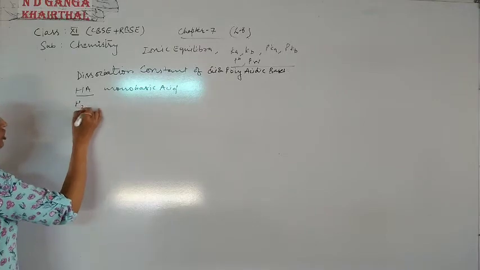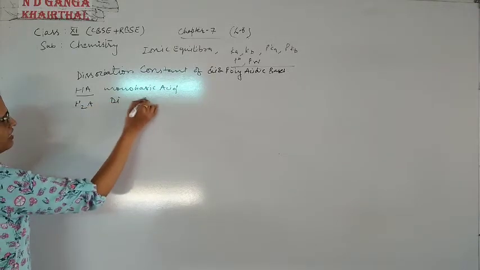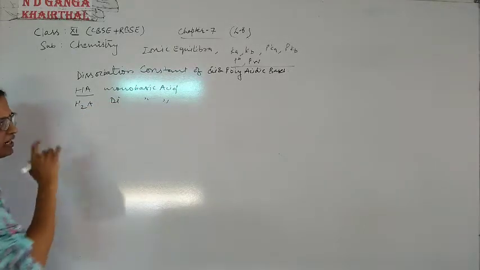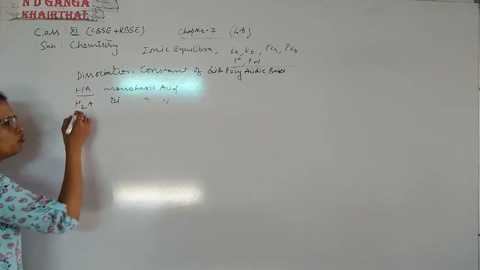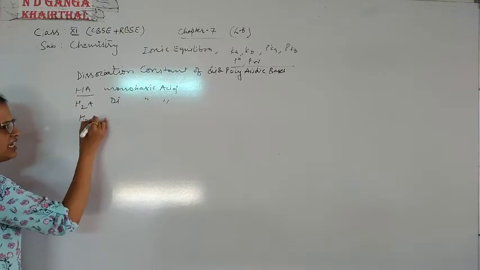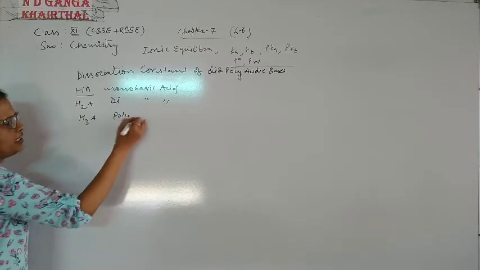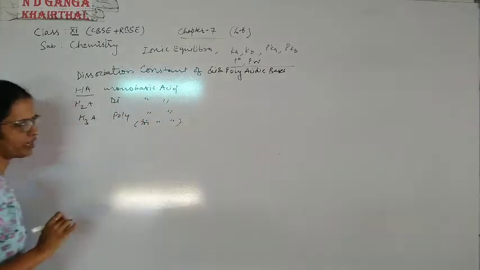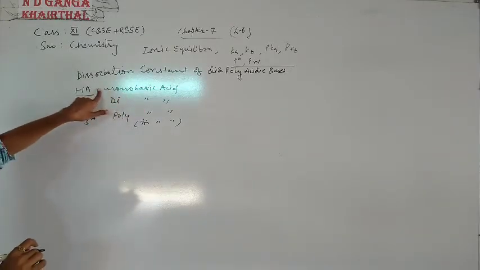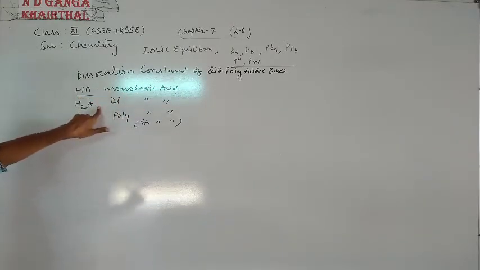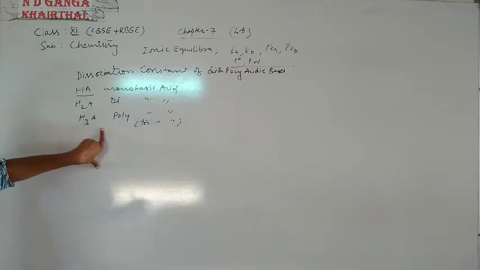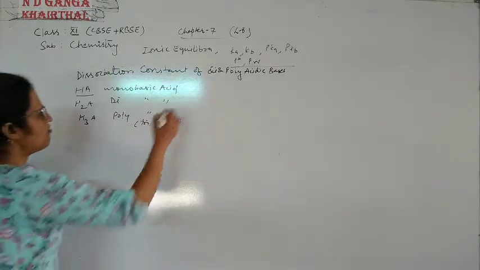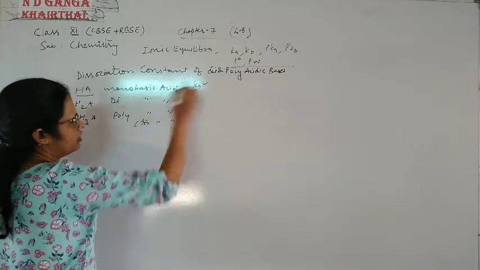If it is H2A, then it is a dibasic acid, and if it has more than two, like H3A, then it is a polybasic acid, or we can say tribasic acid. Monobasic acid gives one H-ion, one proton; then two protons and three protons. So we have calculated Ka for this.